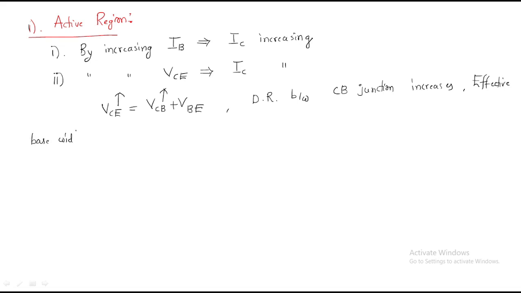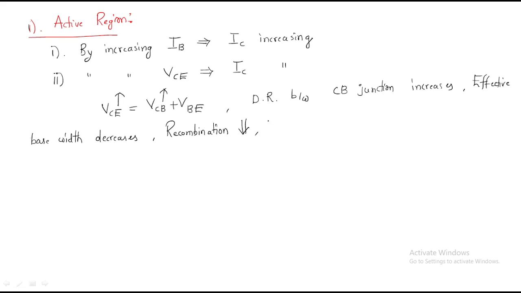Effective base width decreases, and due to that recombination is reduced. Recombination means holes combining with electrons.